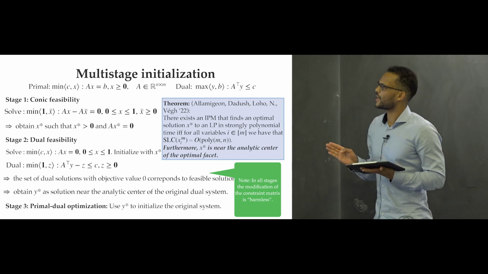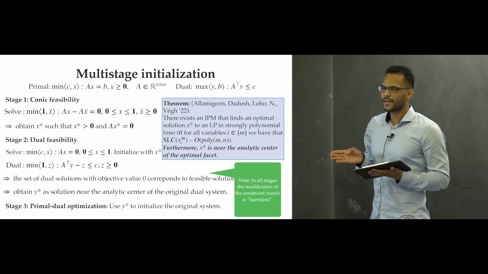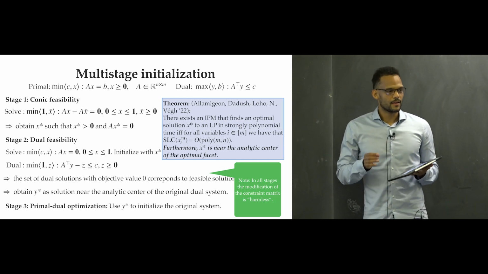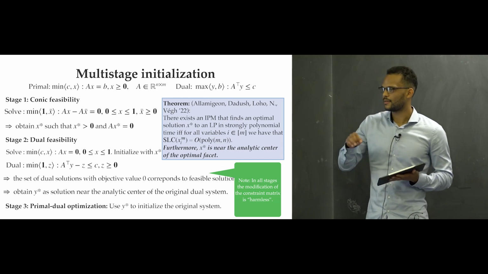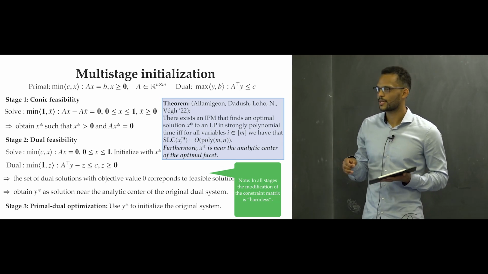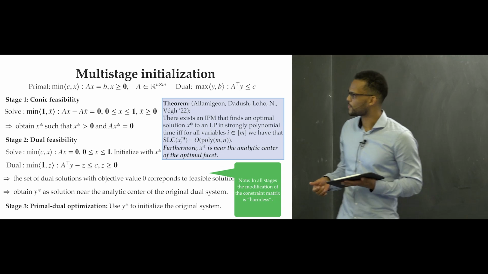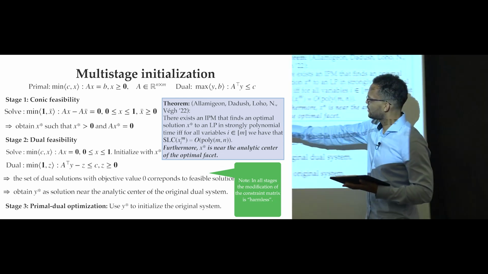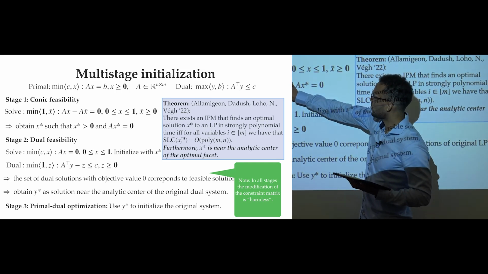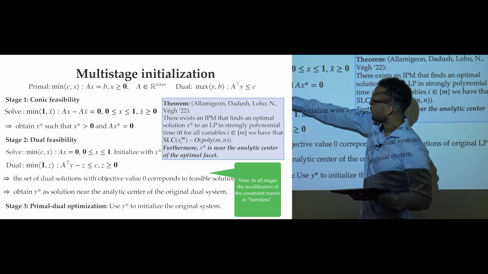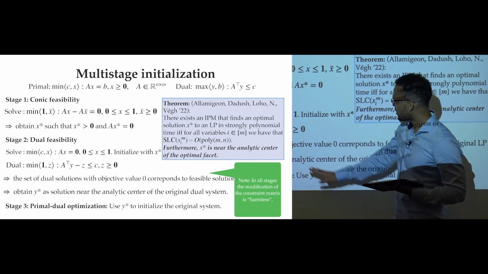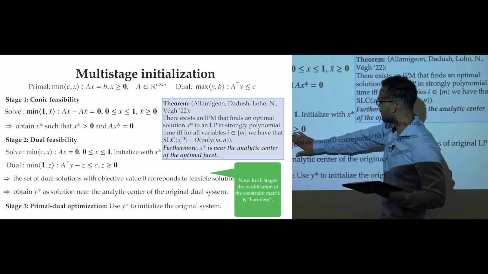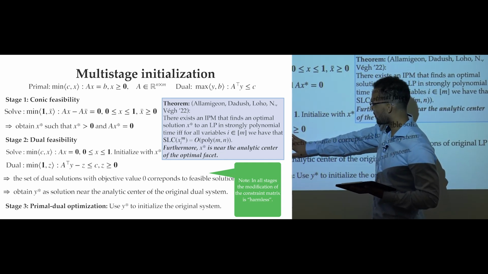Important here is that, unlike in the self-dual homogeneous embedding, I don't add C as a constraint or B as a constraint, again, which are dense, so I can't use my analysis anymore that I spent so much time figuring out. All I'm doing here is I create a negative copy of my variable, so this would still be a flow problem. Here I also do nothing that changes the structure of my problem.